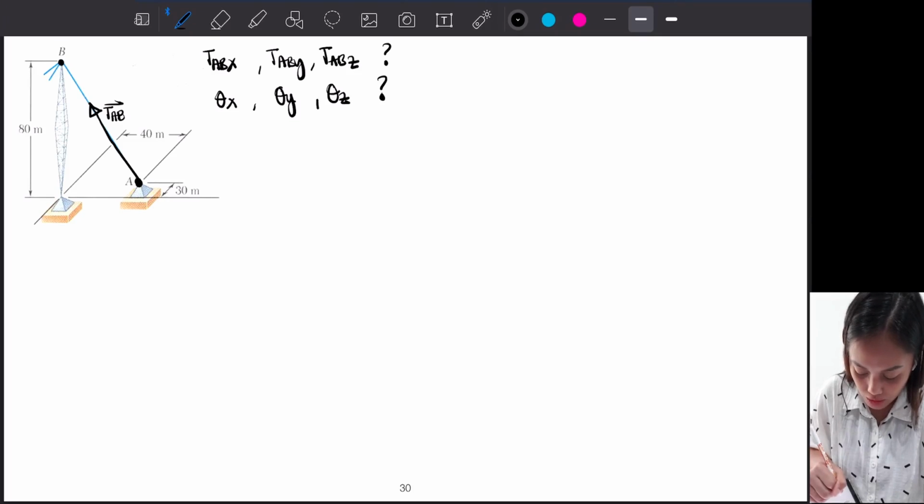So, this formula, vector force F is scalar value times its lambda.